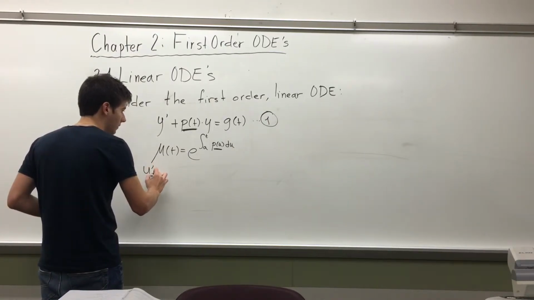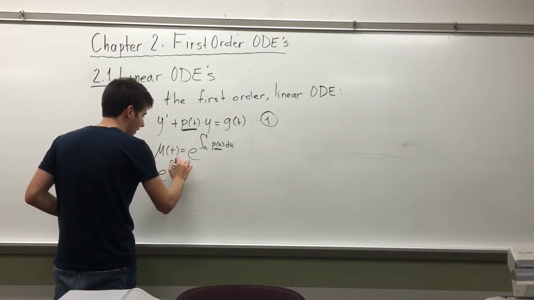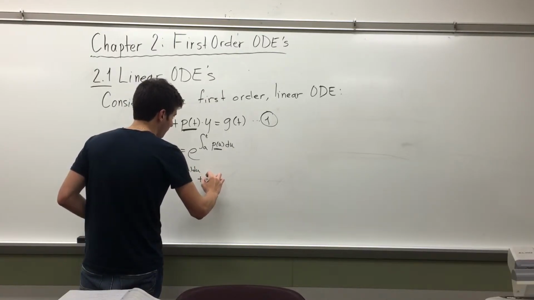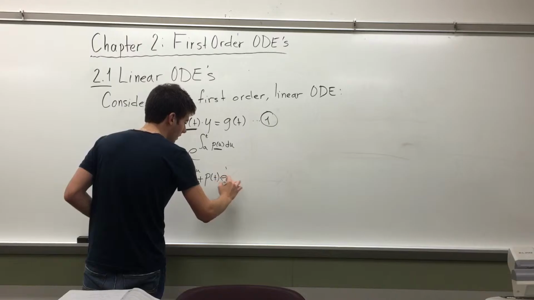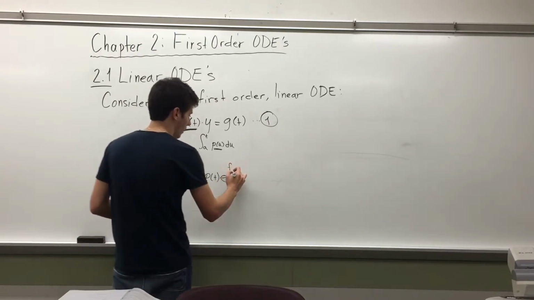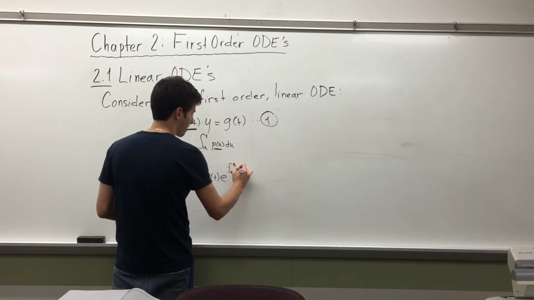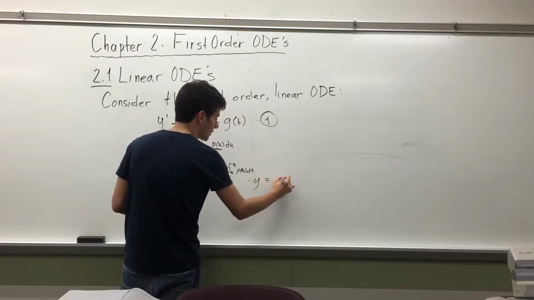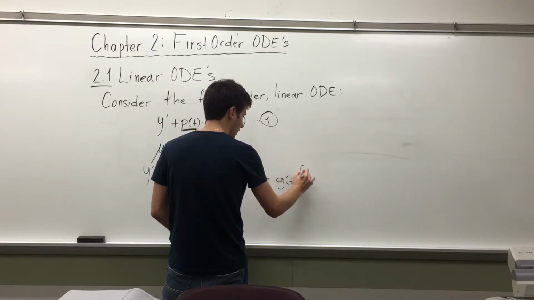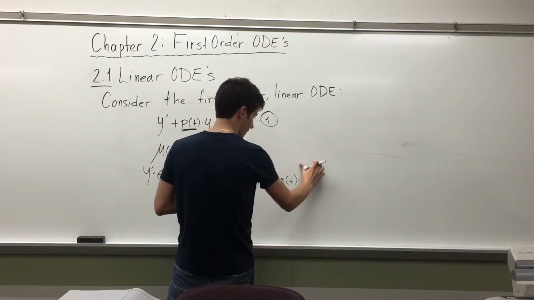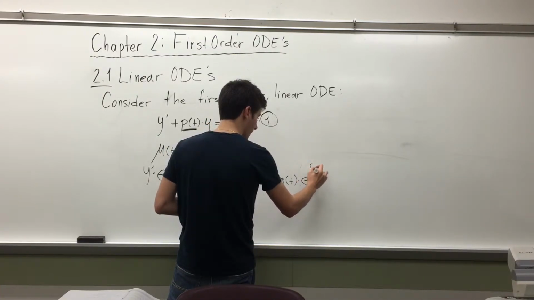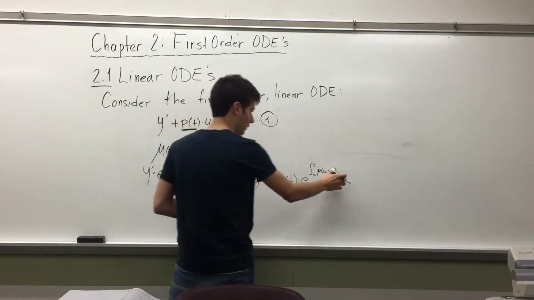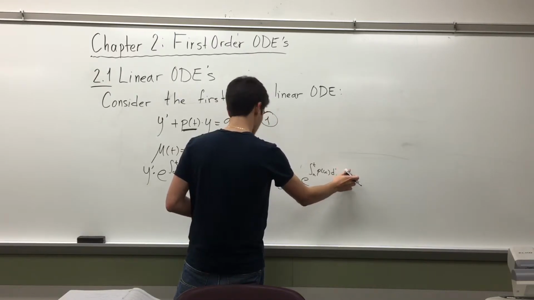We have y prime times e to the integral from a to t of p of u du, plus p of t times e to the integral from a to t of p of u du times y, equals g of t times e to the integral from a to t of p of u du.